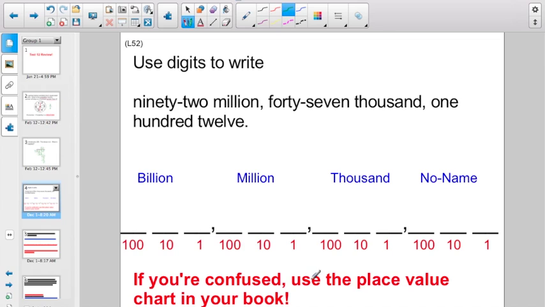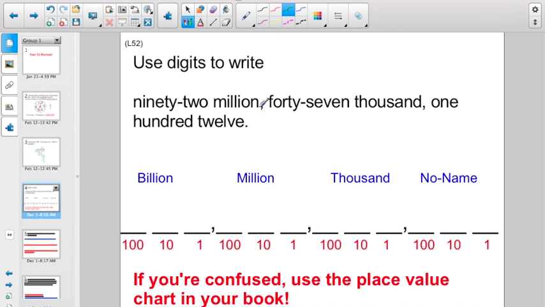Check out this guy coming at us from lesson 52, the old place value. And if you're confused, use the place value chart in your book. You'll find it over in lesson 52. We keep going over and over and over it. The first 3 sections are the no names, 1, 10, 100. Then you got the 1,000 group, 1,000, 10,000, 100,000, 1 million, 10 million, 100 million, and so on.